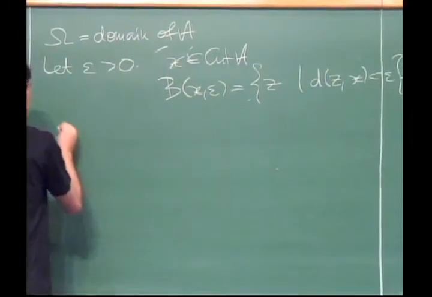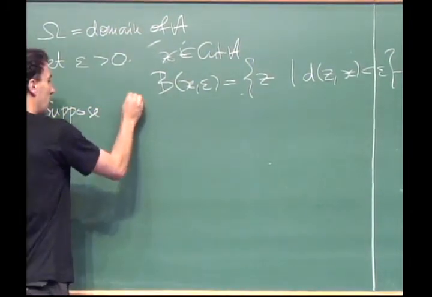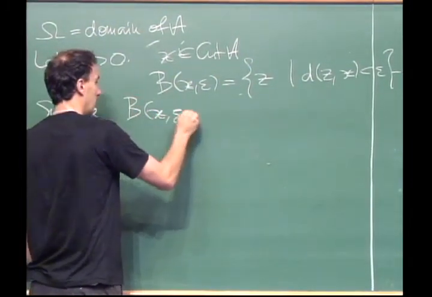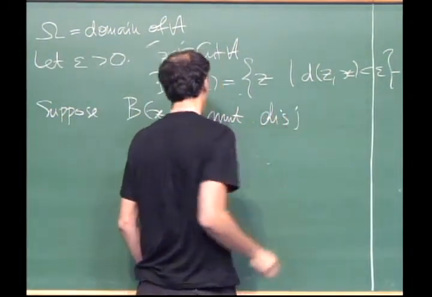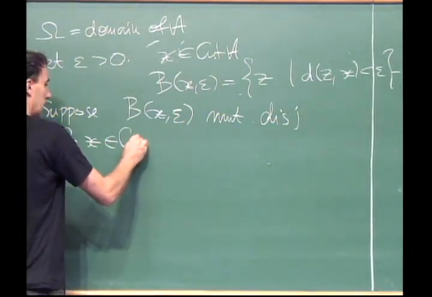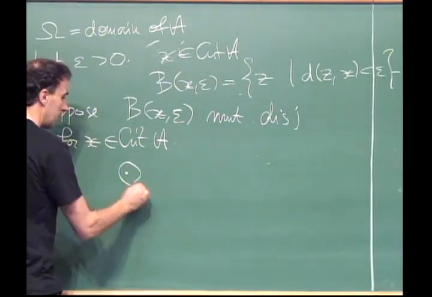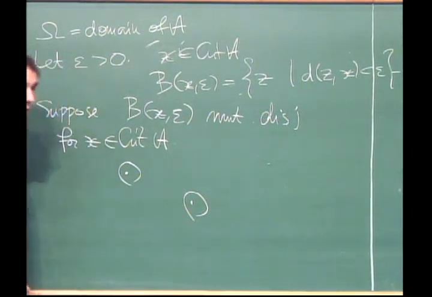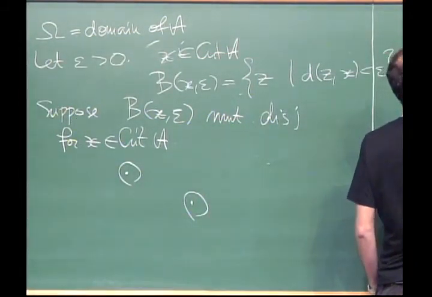And suppose that these balls are mutually disjoint for x critical. So we have this in Omega. We have these balls of epsilon radius, and then take u in M.